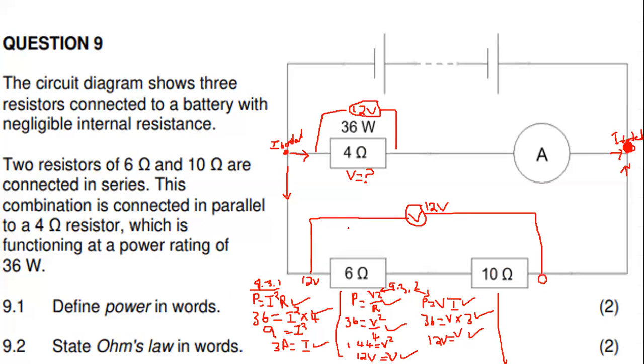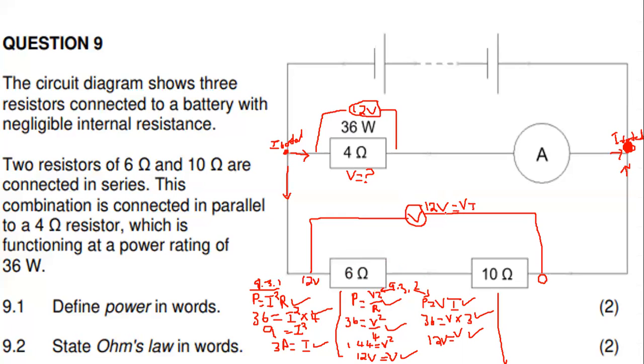So if I connected the voltmeter there, I will definitely get 12 volts altogether. But if I connected it only on the 6 ohm resistor, I wouldn't get 12 there. Now, I know the total voltage there to be 12 volts. So if I just look at this line only, I can say, okay, the total voltage to be used in this line is 12 volts.